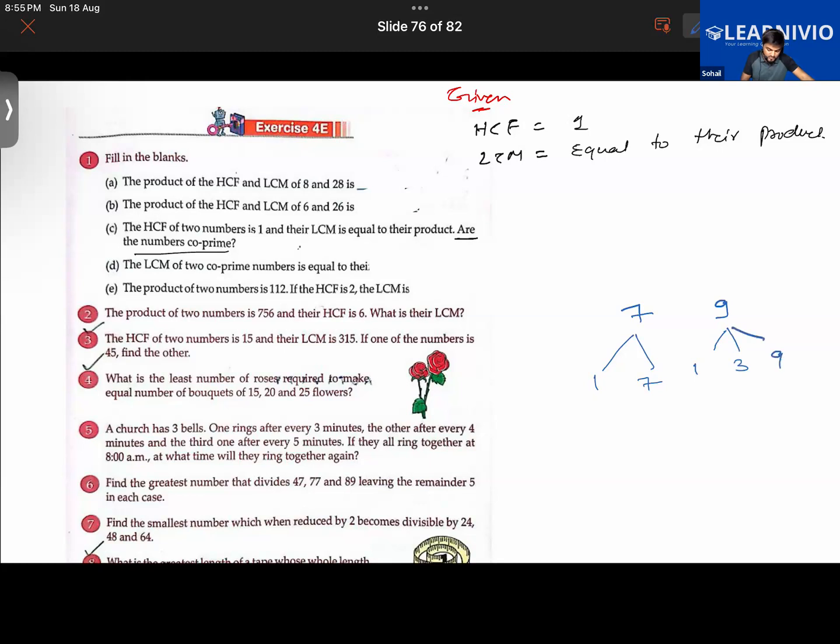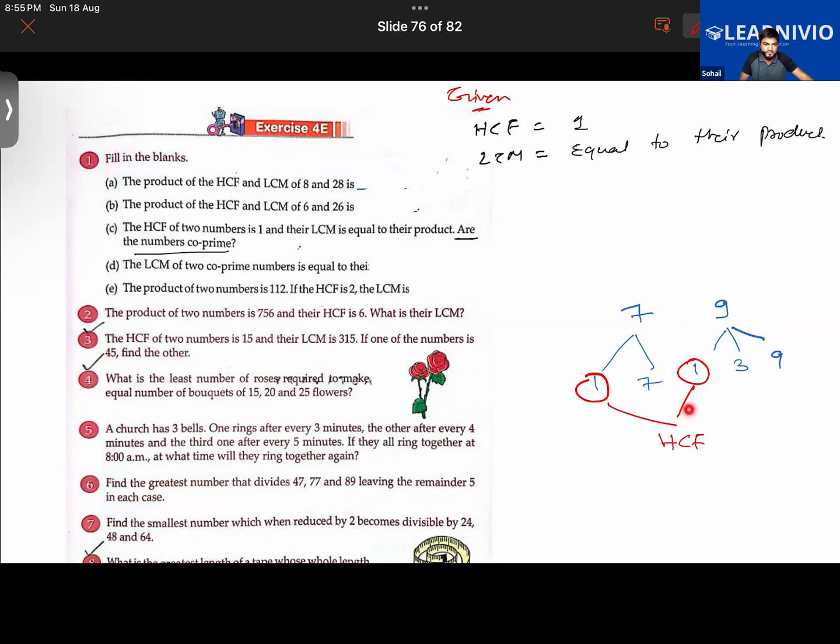I'm asking you about the HCF now. What is the highest common factor? 1. So they have HCF as 1. Two numbers are co-prime if their HCF is 1.